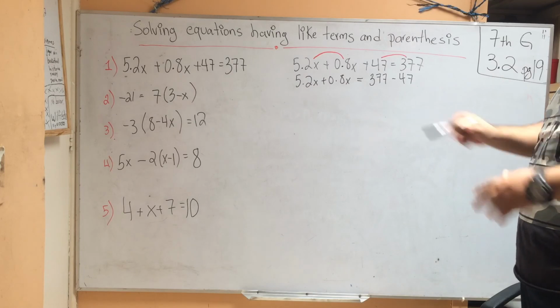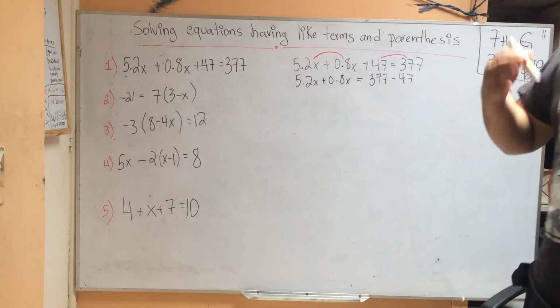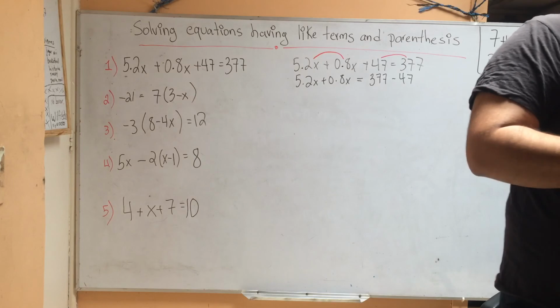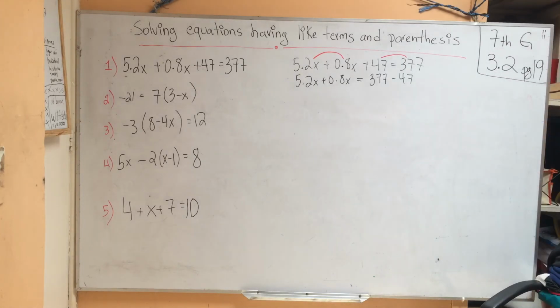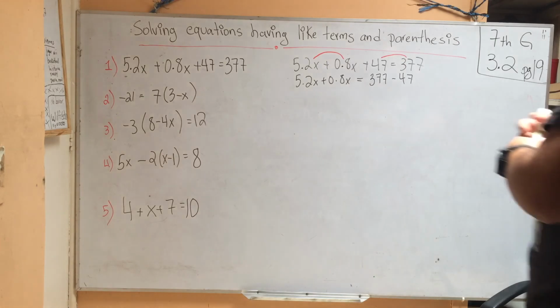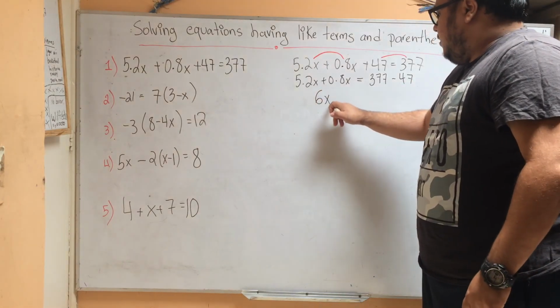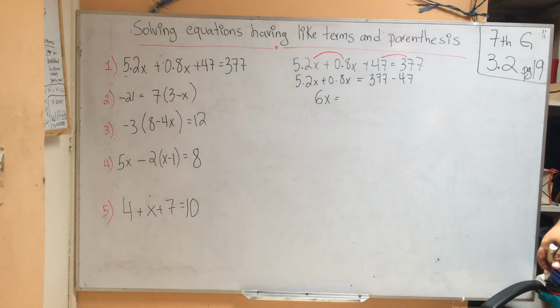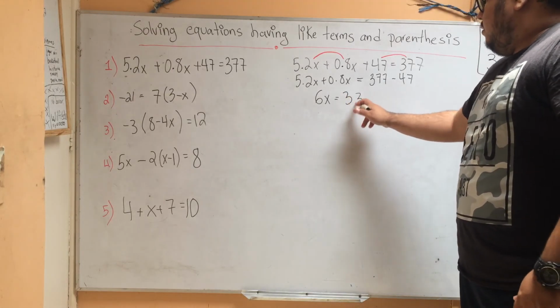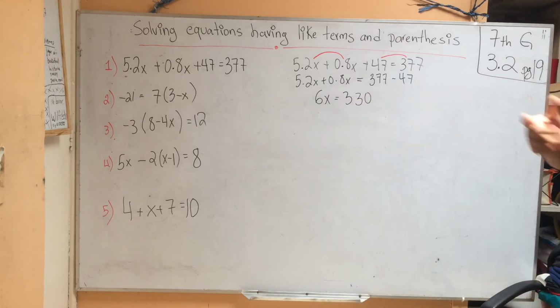Now that we have them grouped, numbers on one side and variables on the other, we can solve. 5.2 plus 0.8, if we check on our calculators, is 6, so we have 6x on this side. And 377 minus 47 is 330.